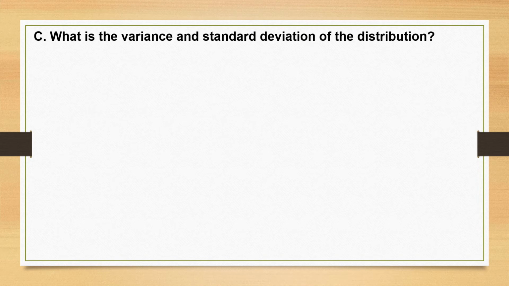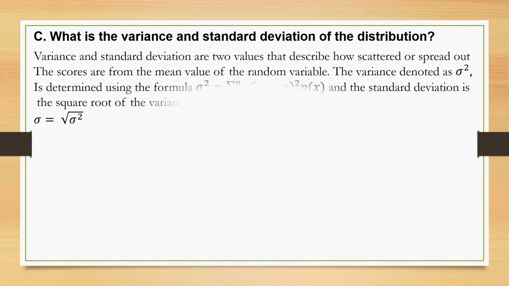Letter C, what is the variance and standard deviation of this distribution? Okay. Variance and standard deviation are two values that describe how scattered or spread out the scores are from the mean value of the random variable.